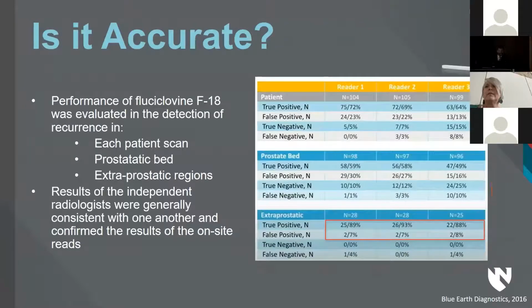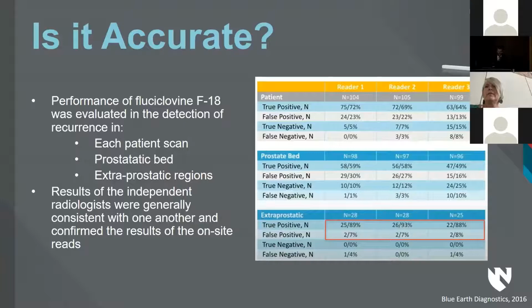So is it accurate? This is a study that was used to seek early FDA approval for Axumin PET CTs. They had three separate radiologists look at a series of scans, and they correlated this with pathologically confirmed findings.